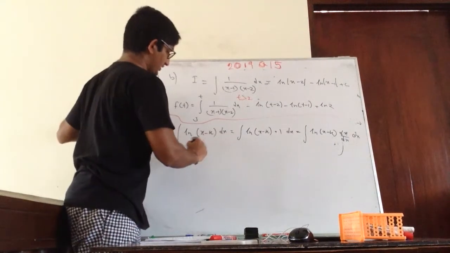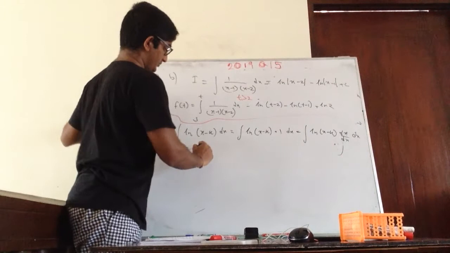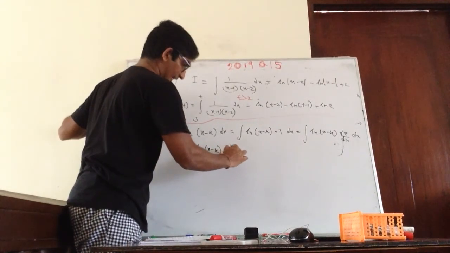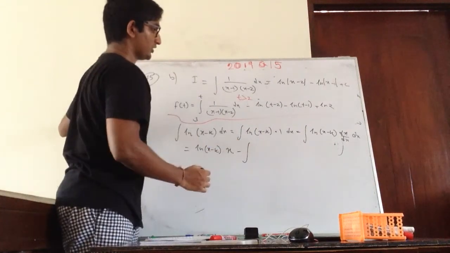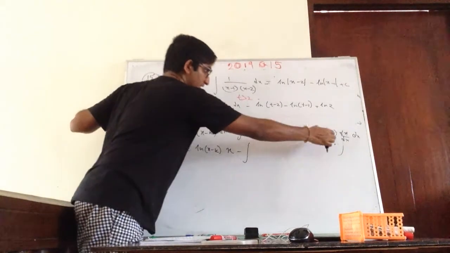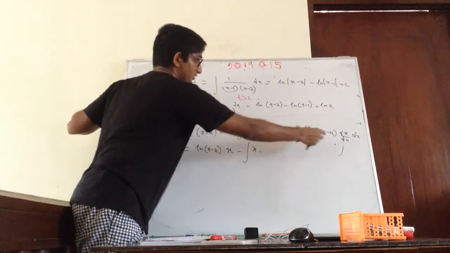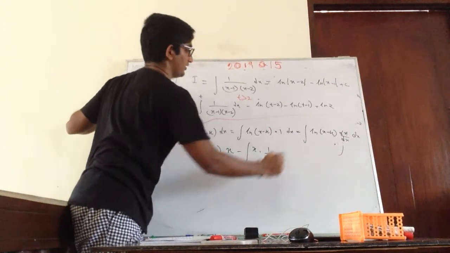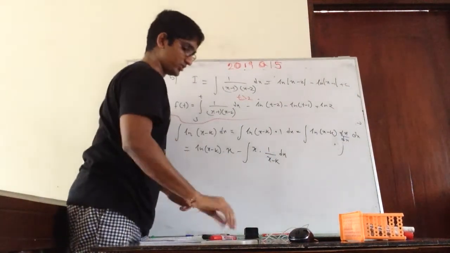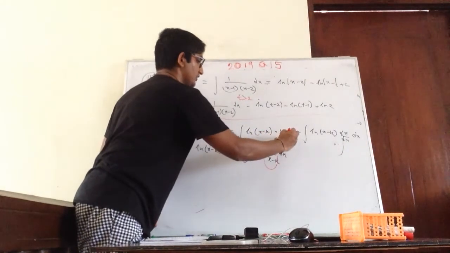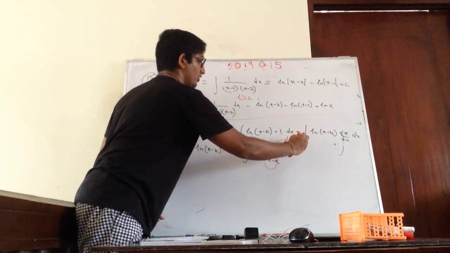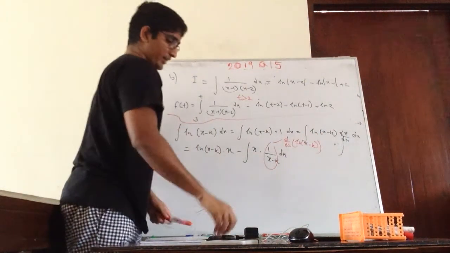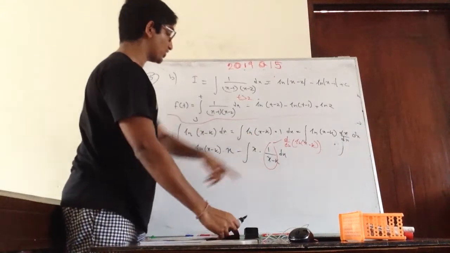Then you can write this as ln(x minus k) times x minus, now I need to differentiate this part. So x times the differentiation of this, which is 1 over x minus k, dx. This part is the d over dx of ln(x minus k). Right, so now I need to get the answer of this.